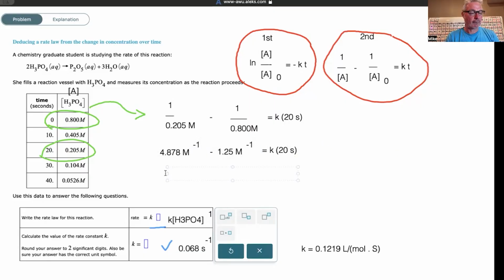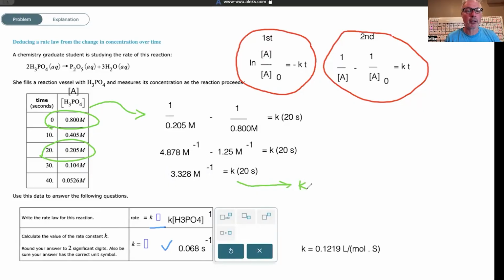Let's do this. 4.878 minus 1.25, 3.628 inverse molarity units equals K times 20 seconds. Let's divide both sides by 20 seconds and see what we get for K.